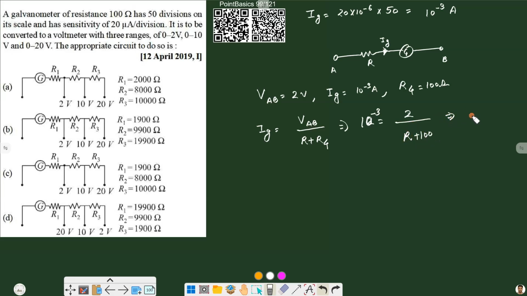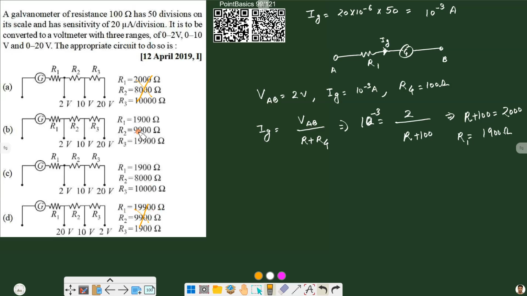Solving this, we get R plus 100 is equal to 2 by 10 raised to power minus 3, that will be 2000, and R, or we can say R1, comes out to be 1900 ohm. So if we compare the options, option A gets cancelled out because here R1 is 2000. Option D also gets cancelled out because here R1 is 19900.